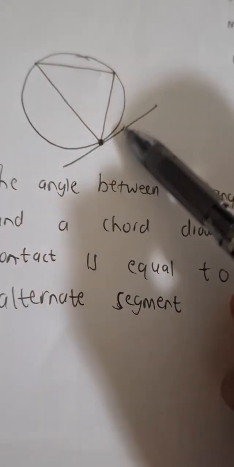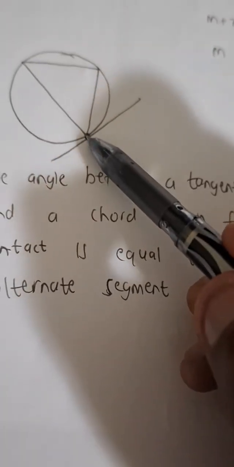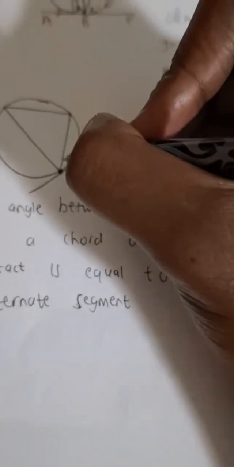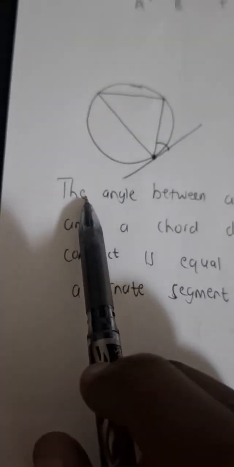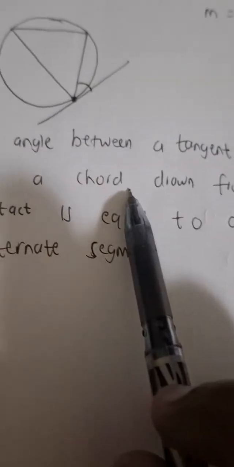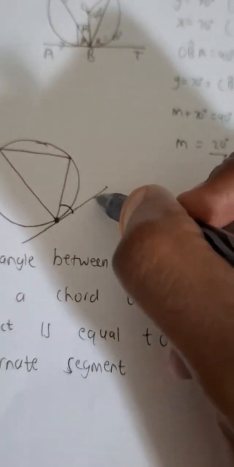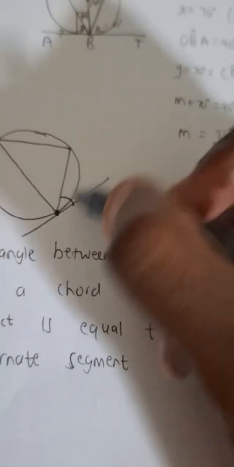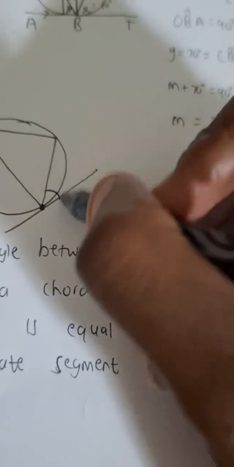But there's this tangent, which at the point of contact makes an angle. So the angle between a tangent to a circle and a chord. Which angle? This angle between a tangent and this chord.